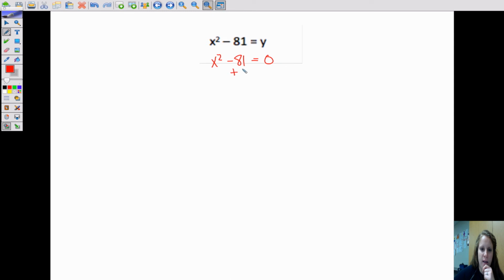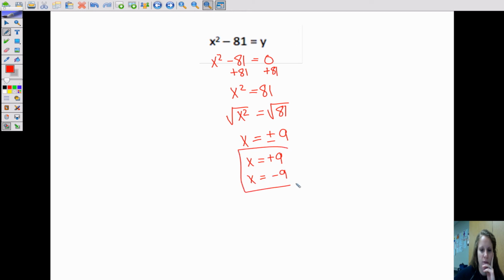So if I add 81 to both sides, then I have x squared equals 81. And to get rid of my x squared, I'm going to take the square root of x squared and the square root of 81, and I'm going to have x equals either positive 9 or negative 9. And I'm going to write it as x equals positive 9 and x equals negative 9 to remind myself that I will have two answers.